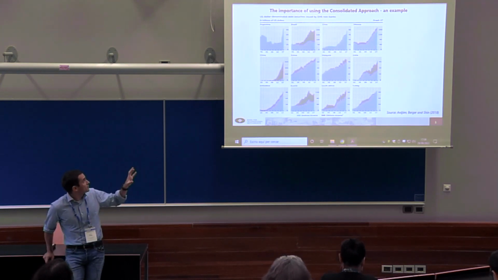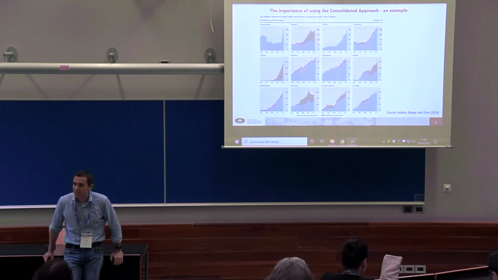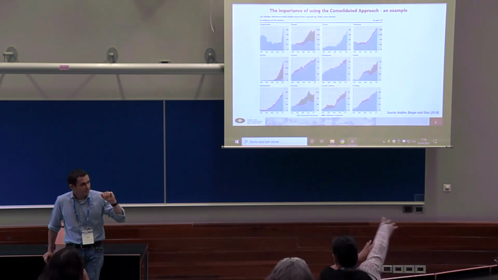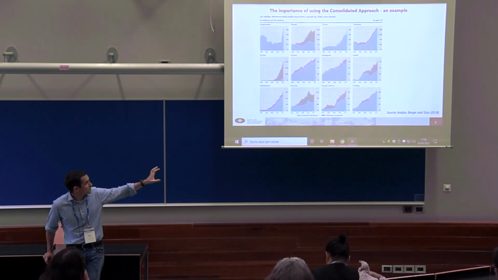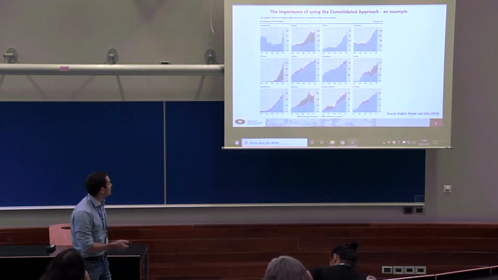It gives international debt issuance for a dozen major emerging markets, and distinguishes between issuance by residence, which we call onshore issuance, and issuance by nationality, which is basically the sum of the two, the blue and the red.